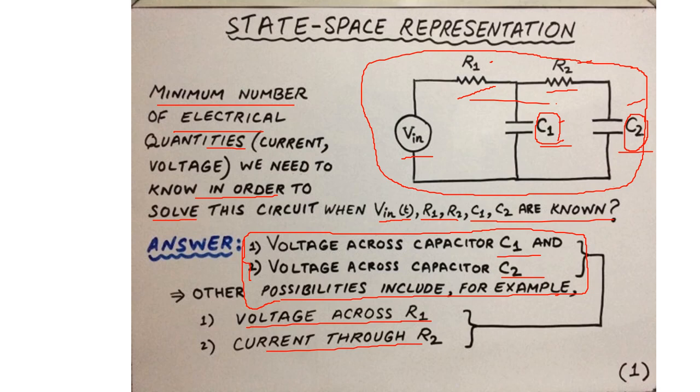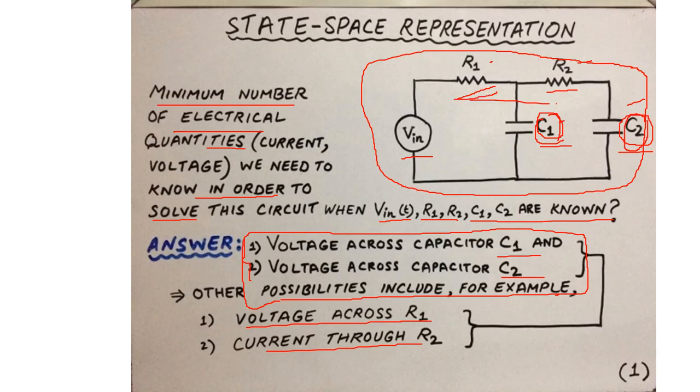The order of the differential equation will be 2. And in order to solve the second order differential equation, you will need to know the initial values of the voltages across the capacitor C1 and the capacitor C2. If you know the initial values of the voltages across the capacitors, then you can solve the differential equation and then you can tell the current and the voltage of each component of the circuit.